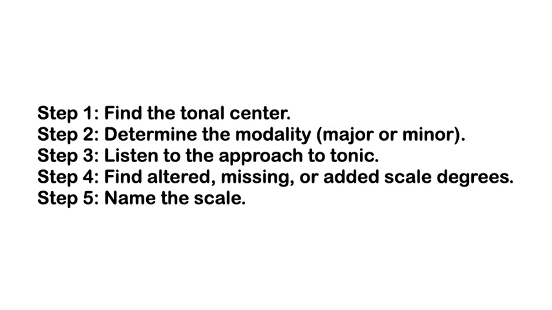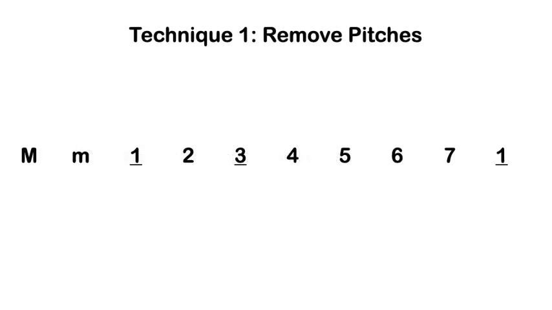So when I do this, I typically start out by creating a little chart for myself. That is, I have the major or minor for identifying the modality once I hear it. I will circle one of those two, and then I write my scale degrees across the page. And notice I've underlined the 1s and the 3s. Tonic isn't going to move. That is, we can't alter tonic without upsetting the whole sense of tonal centricity.